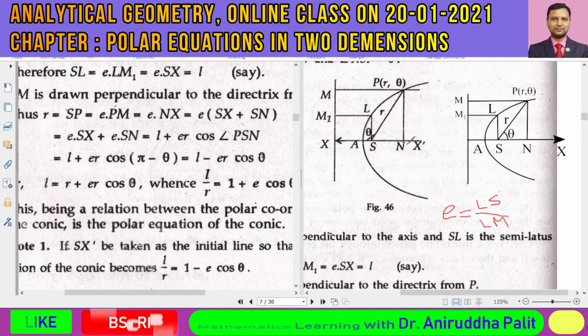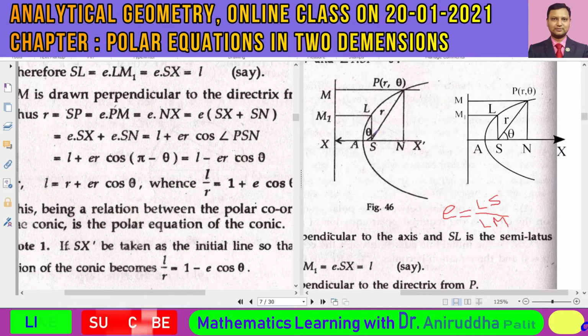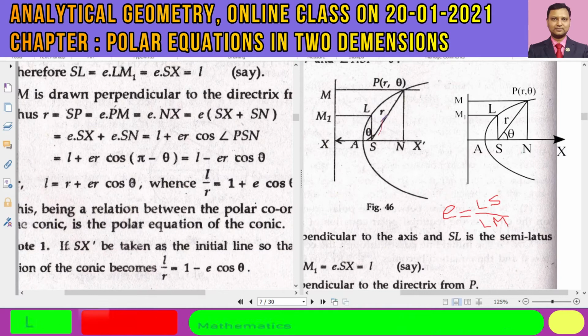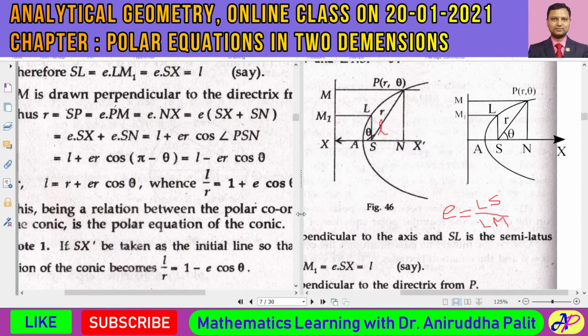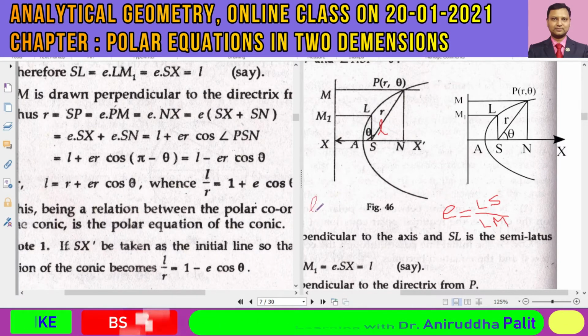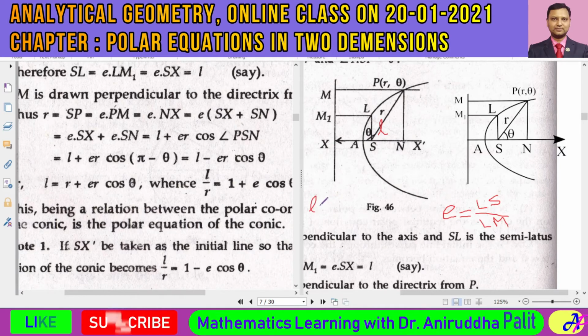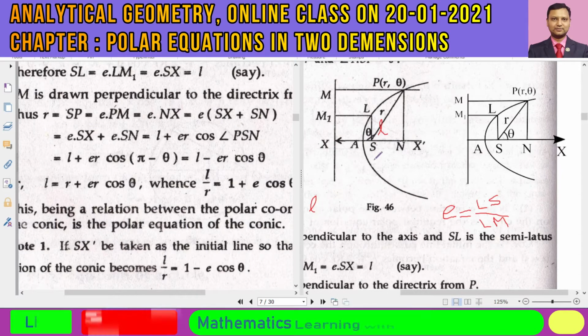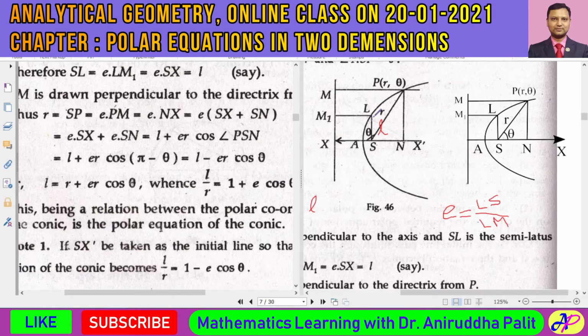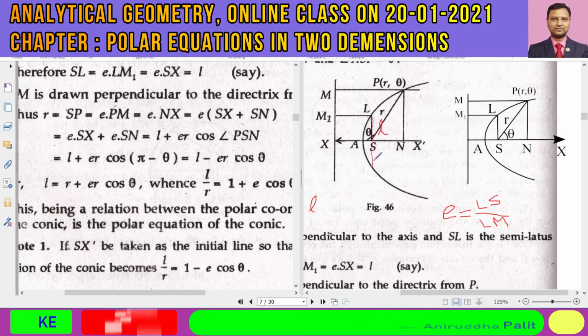Okay. Now, what is LS? This LS is actually the semi-latus rectum L. What is L? Generally, we define L is equal to B square by A. That is actually the semi-latus rectum. This much distance, the straight line through this point A, is this much distance.